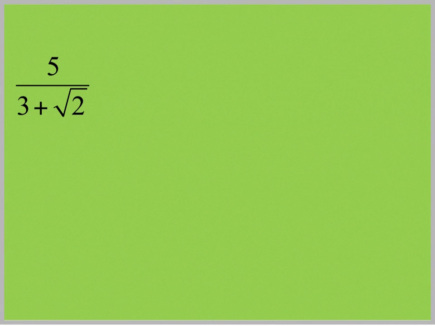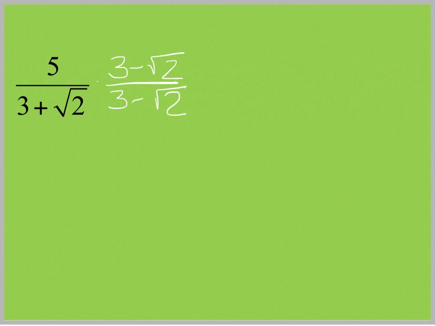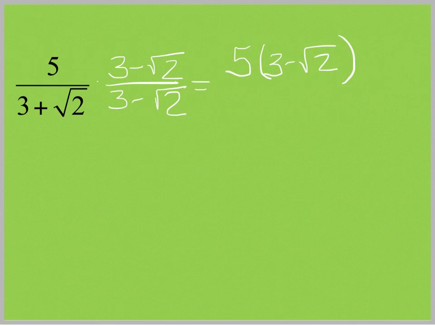All right, similar to the last one, again, we have a 3 plus square root of 2 in the denominator, so we need to get rid of this square root of 2. So we need to multiply by the conjugate, which is going to be 3 minus square root of 2. So if we do that on top, you're going to be left with 5 parentheses 3 minus square root of 2.